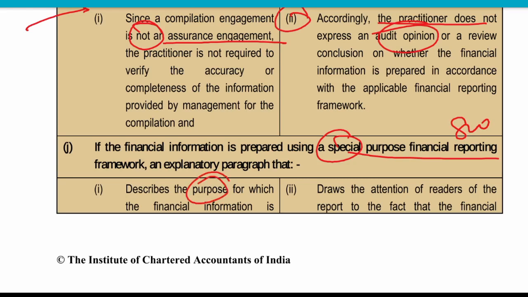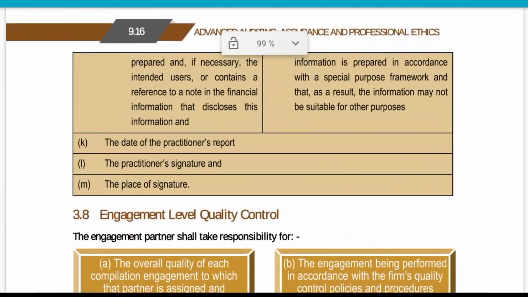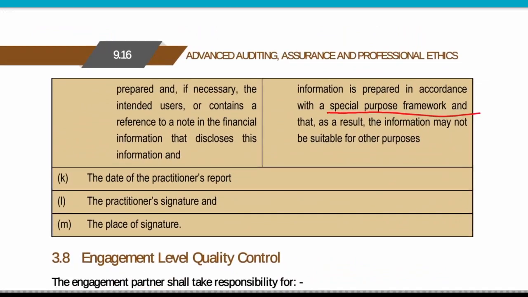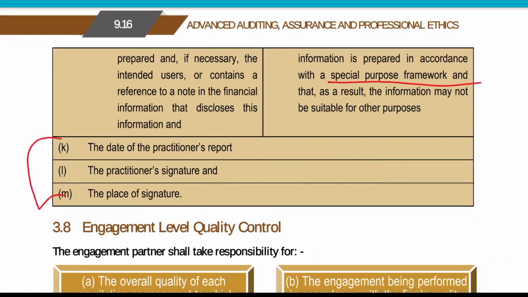So you need to describe the purpose for which this financial information is compiled, and you have to draw the attention of the readers that the financial information has been prepared as per a special purpose framework and not the applicable FRF. And then again date, signature, and place of signature.